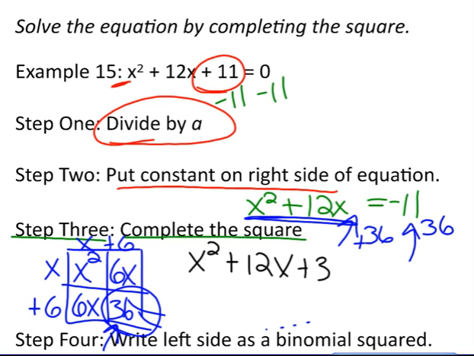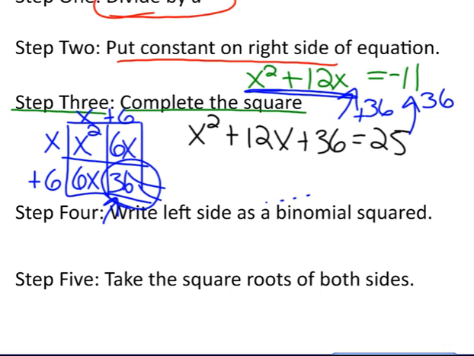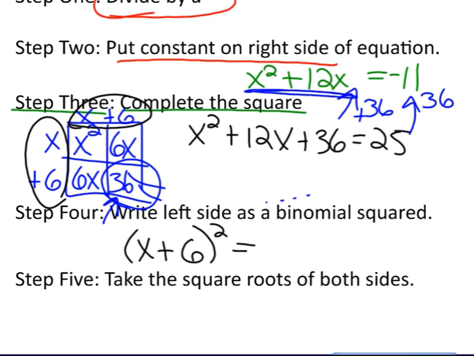I'm adding 36. If you take a negative 11 and add 36, you get 25. Step 4, you're going to write the left side as a binomial squared. Well, we already have that information here. We're going to write x plus 6 squared is equal to 25.